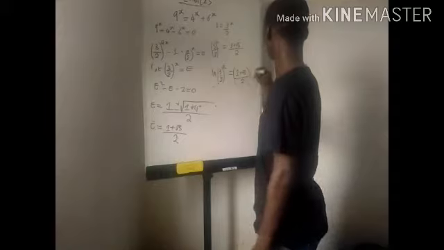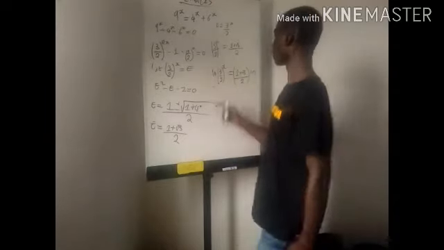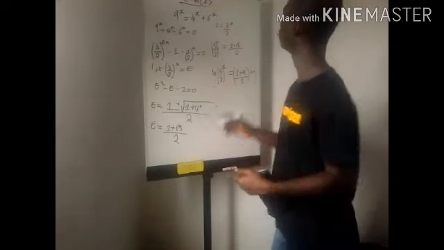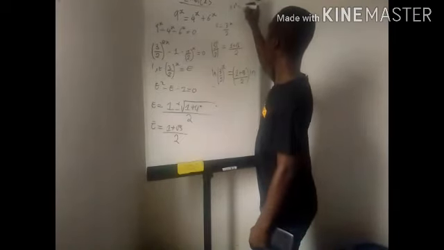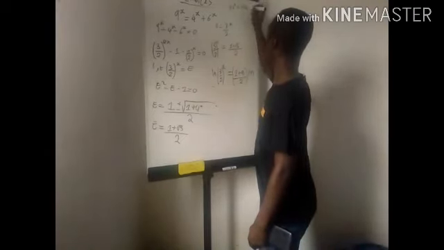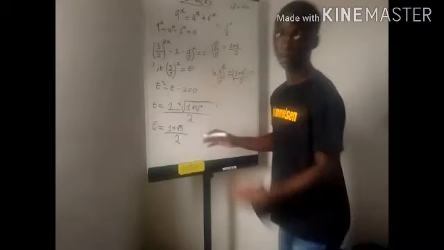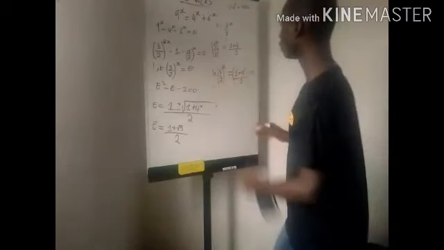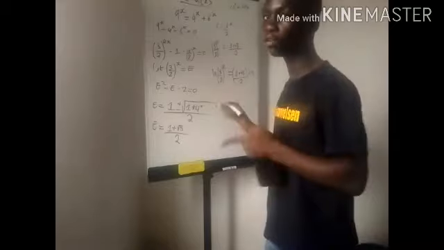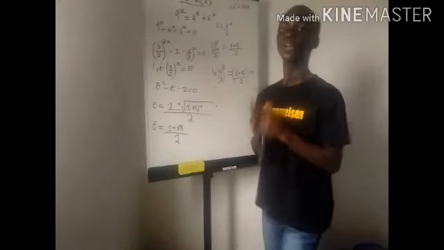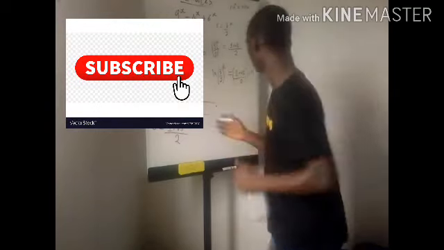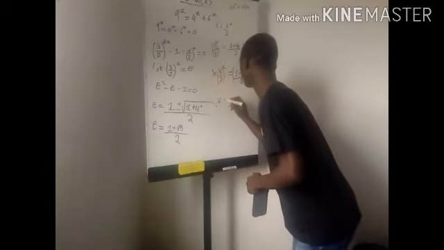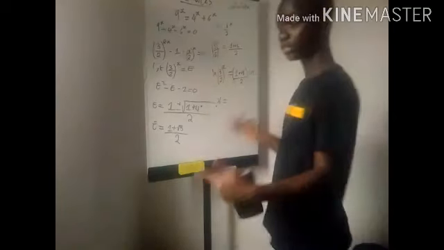Now, the second law says that ln of a to the n is equal to n ln of a. If you're not familiar with the law, make sure you subscribe to the channel so that you don't miss the next tutorial on logarithm. So here we're going to have x, let me just take it very fast.